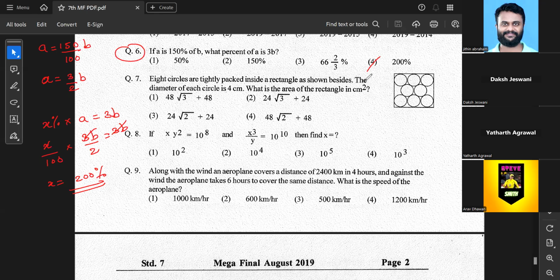I think that will be more confusing, this should be a better method. But still, if you feel that solving by that logic is helpful for you, go for that. I'm not saying that that method is wrong. That method is also correct.